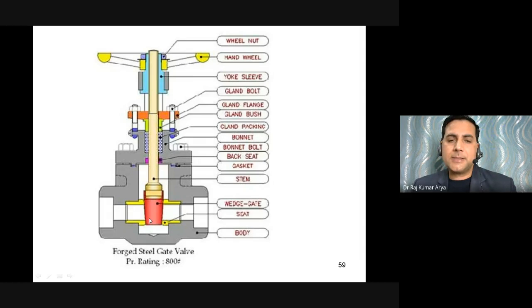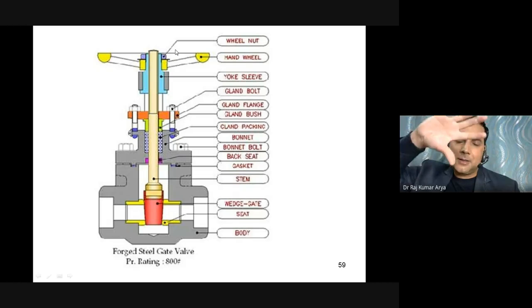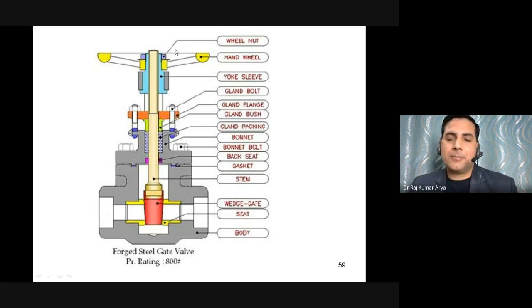If you open this stem by turning it anti-clockwise, the seat will move upward, and the fluid will move into this cavity and go out this side. So this is a valve just to open and close your fluid flow. This first valve is the gate valve.